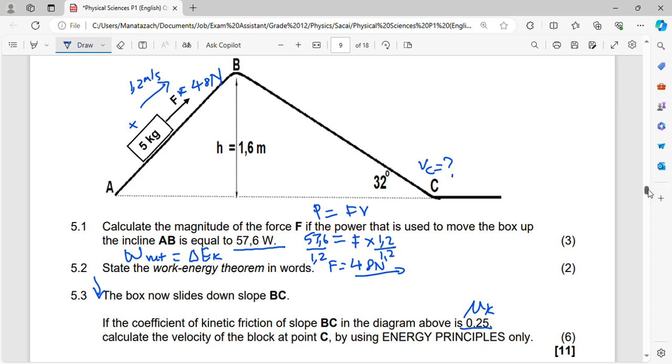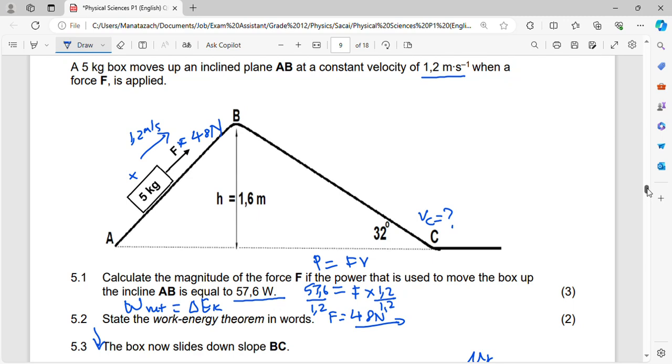The first thing that you should be doing is to write down the formula of the work energy theorem, which is W net. Okay, sorry, let me just correct this. W net is equal to change in kinetic energy, right? The kinetic energy should be simple.